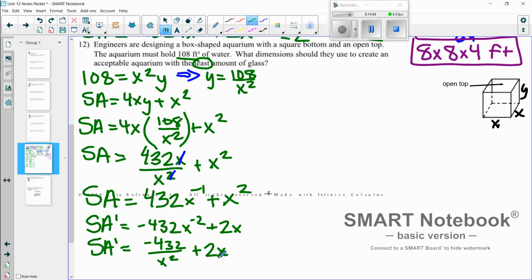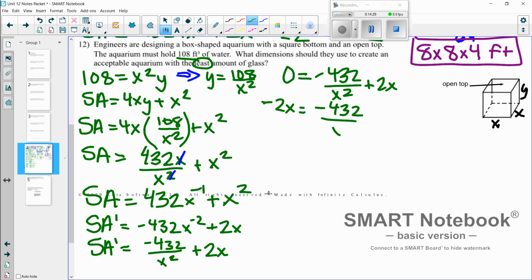Okay, and then I'm going to go up here. Let's set it equal to 0. 0 equals negative 432 over x squared plus 2x. We're going to subtract that 2x over, so negative 2x equals negative 432 over x squared.